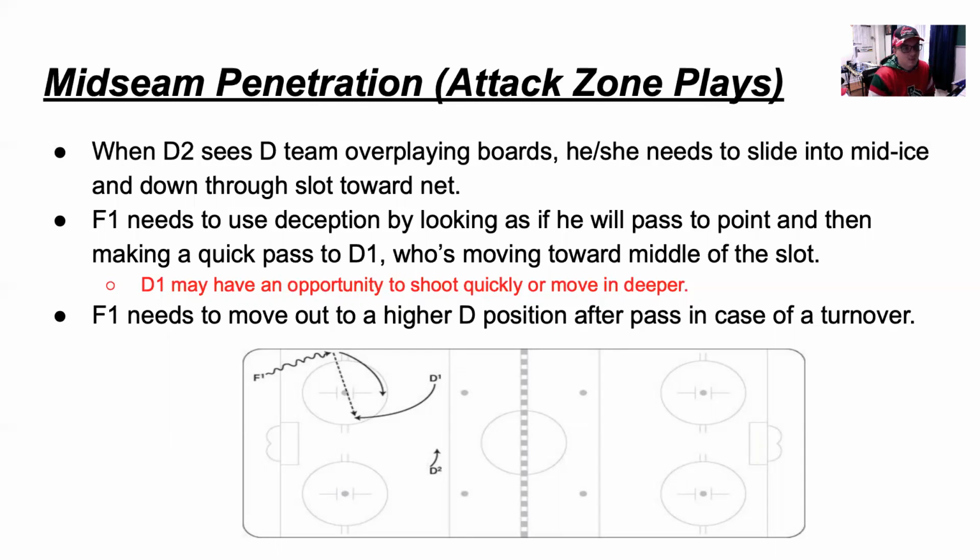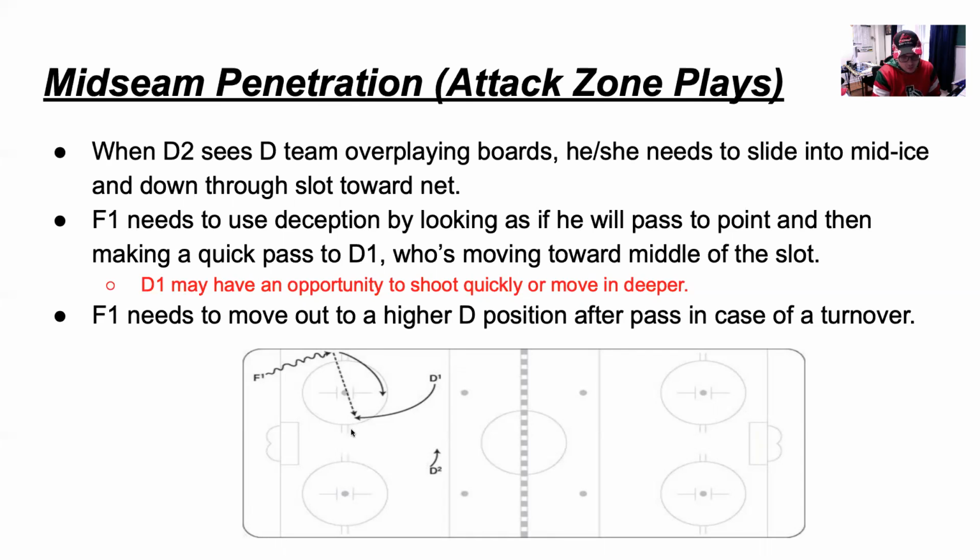And if F1 needs to use this deception, so remember what deception is, like fake passing, fake shooting, and all that kind of stuff. So you're faking your moves by looking as if he or she will pass to the point and then making a quick pass to D1, who's moving toward the middle of the slot. So that's that. The slot is right here.